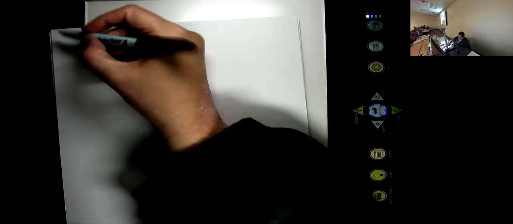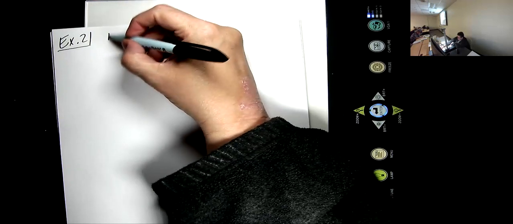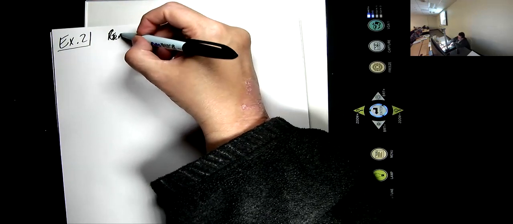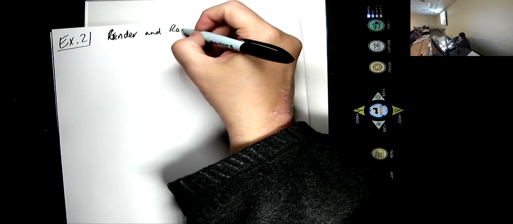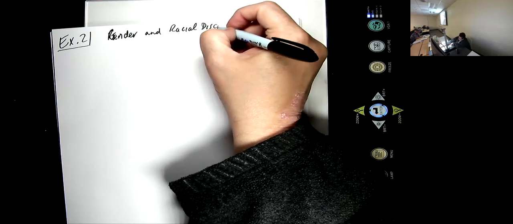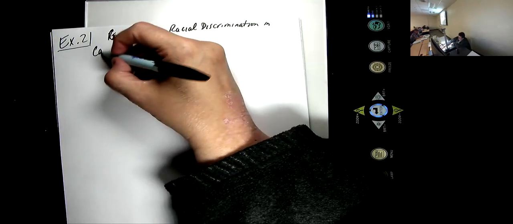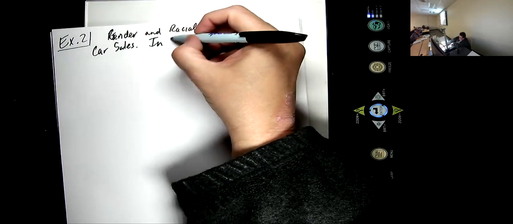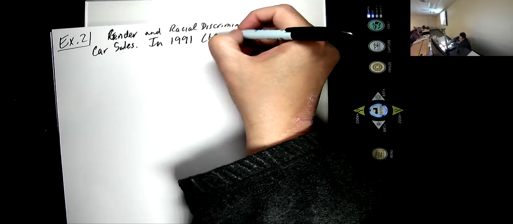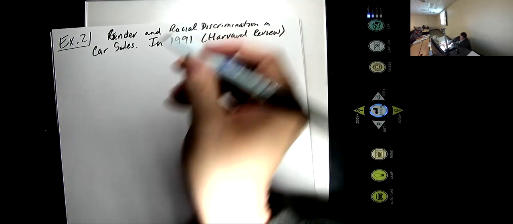All right, the next one is on... I don't even need to load it. I know this one. This is example 2 on the list. It's on gender and racial discrimination in car buying, car sales. So this happened back in 1991. It was in the Harvard Review or something like that. I'm going off of memory of what this problem says.